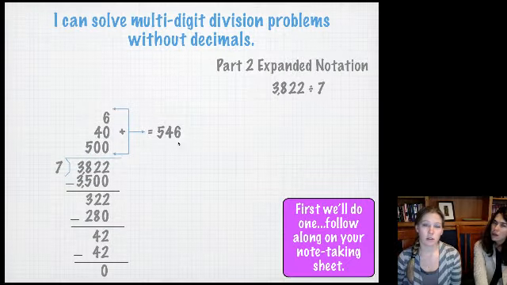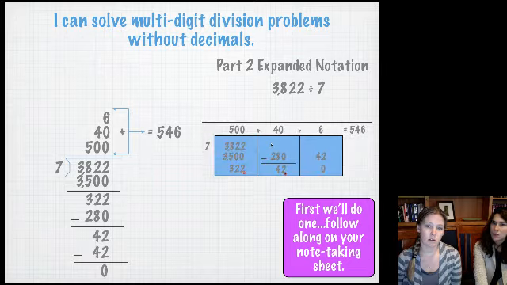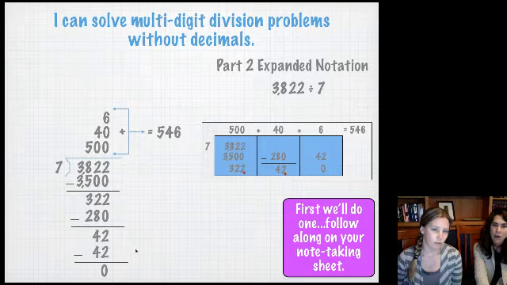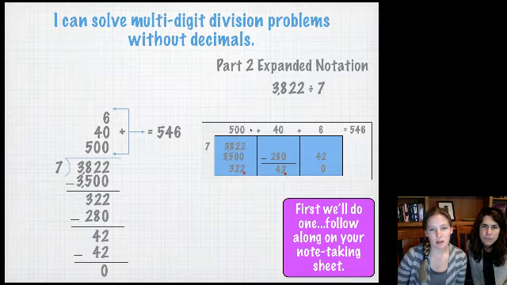Yes, because in the first part we showed you this problem. So we just wanted you to see that we can do the rectangle method over here, or this way is a little bit shorter. So some of you might prefer, now that you're getting more familiar, doing the expanded way. If you look at the first box here, it's the same as this part right here.